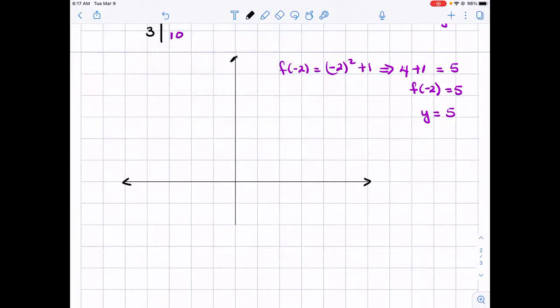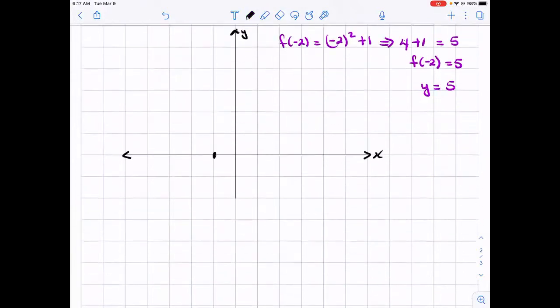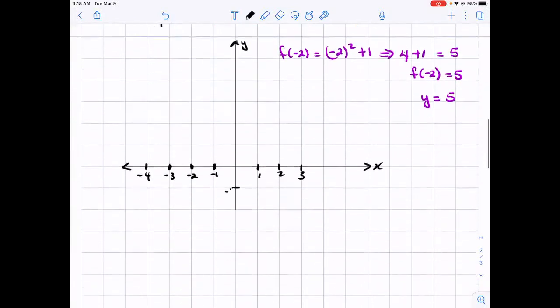So we have negative 1, negative 2, negative 3, negative 4. Here we have 1, 2, 3. Here we're going all the way up to 17. So let's call this 4, 8, 12, 16, 20.